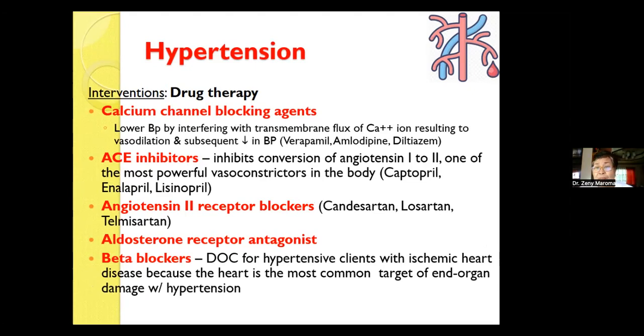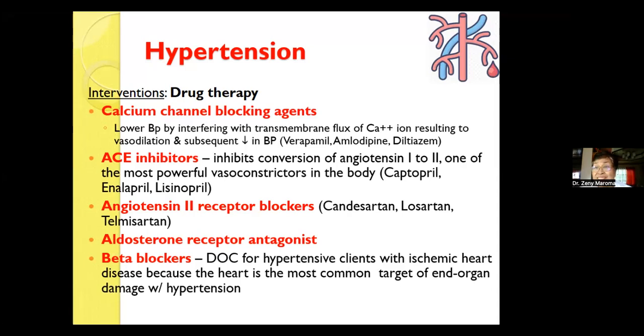It inhibits conversion of angiotensin 1 to 2. Examples: enalapril, captopril, lisinopril, ramipril. Hindi ACE inhibitors, April. Okay. Angiotensin 2 receptor blockers: losartan, candesartan, telmisartan.